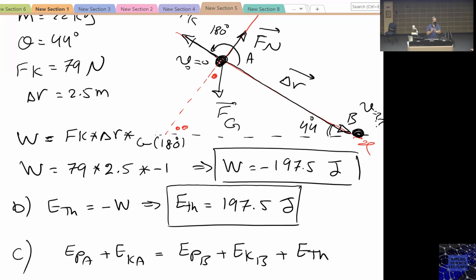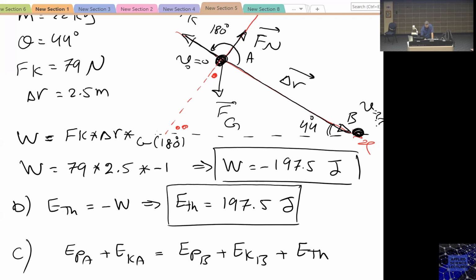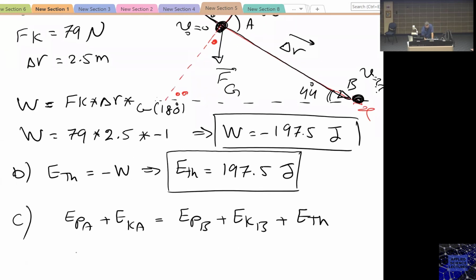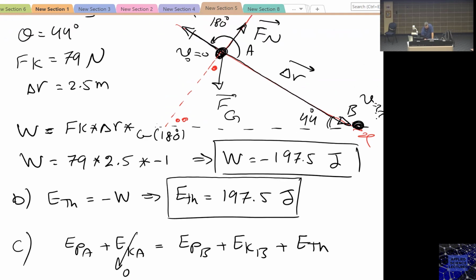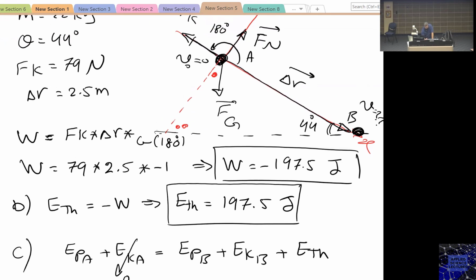So the budget of the thermal is coming from the total energy before the friction happens. In this case, I'm starting from rest, which means EKA is 0. I'm reaching my reference here, the floor.